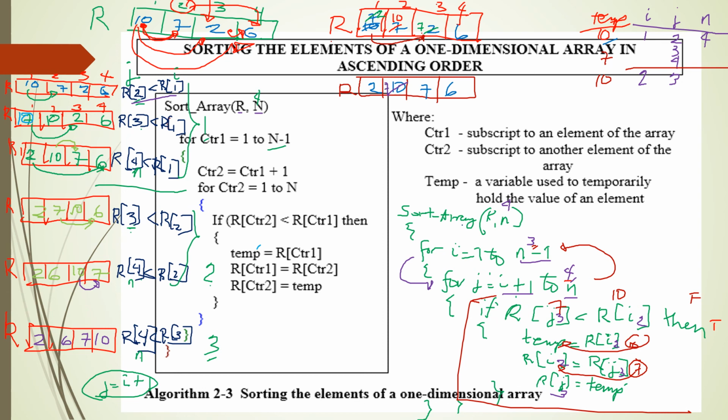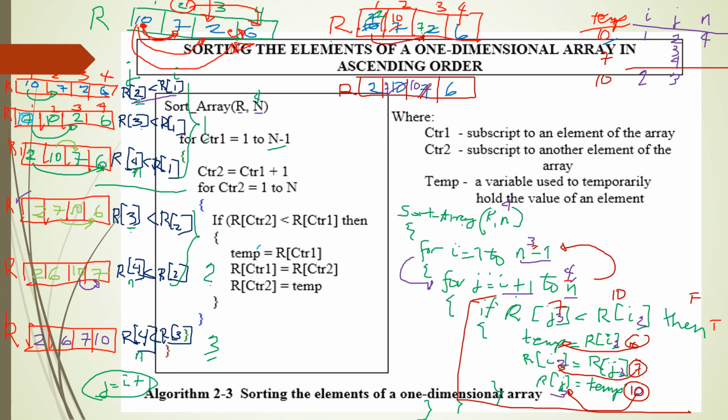Okay? And then, temp is 10. Temp is 10. That will be assigned to R sub 3. So, R sub 3 magiging 10. Okay? So, that will be 2, 7, 10, 6. Ito yun. 2, 7, 10, 6.